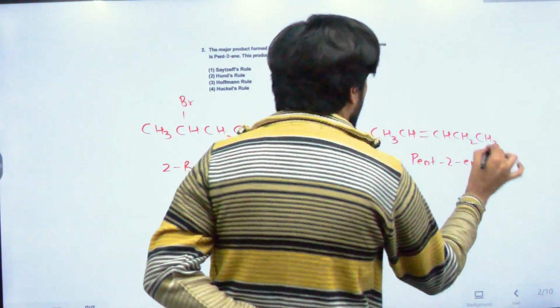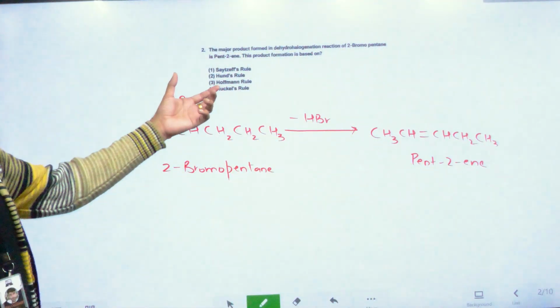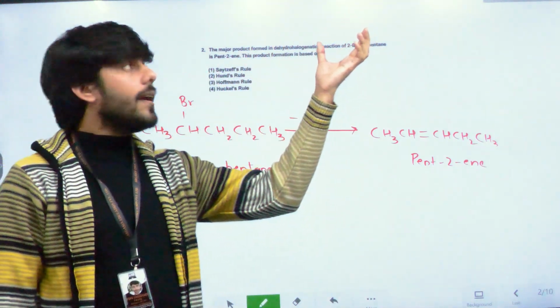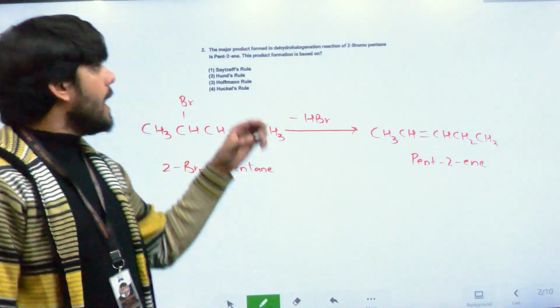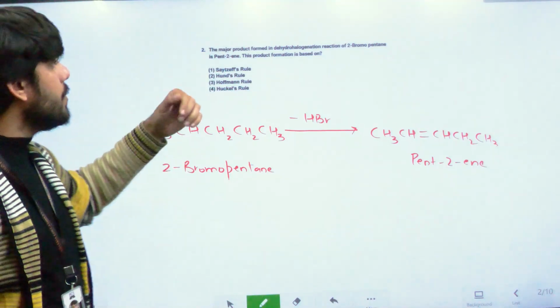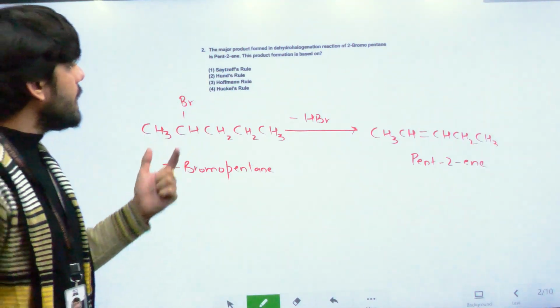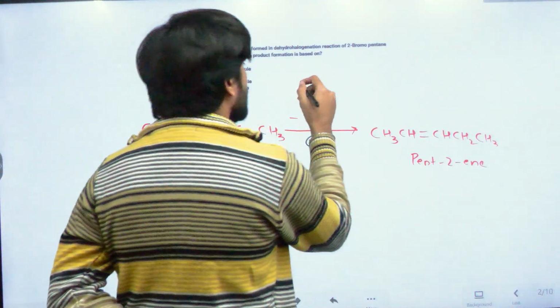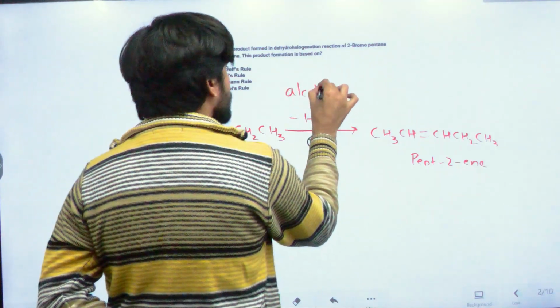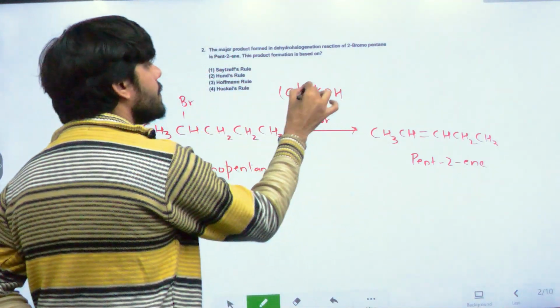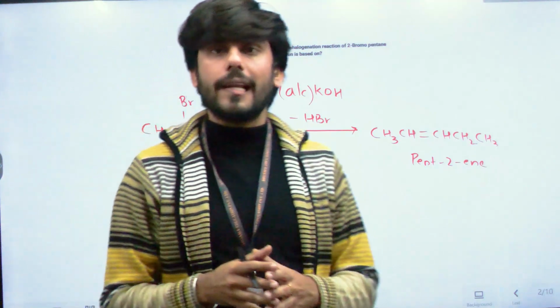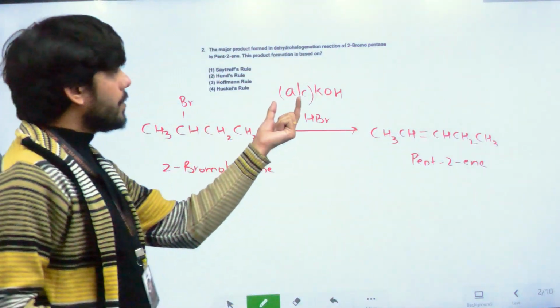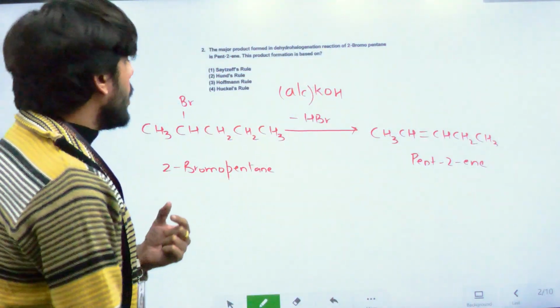Now we know that this particular reaction is basically an elimination reaction, or beta elimination. This elimination reaction happens in the presence of an alcoholic base, or we can also say in the presence of a strong or bulky base, say alcoholic KOH.